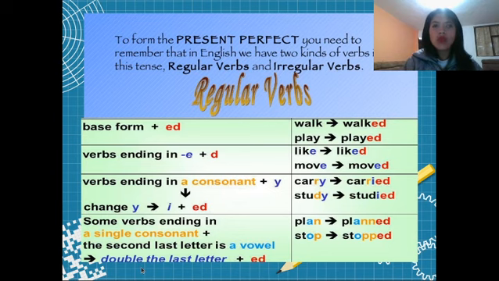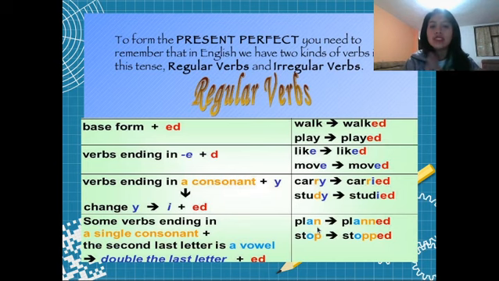Hay algunos verbos que tienen una sola sílaba y siguen el patrón de consonante, vocal y consonante, ¿sí? El sonido de la consonante, la vocal y la consonante. Por ejemplo, for example, we have plan. Plan es un sonido consonántico, vowel, vocal, and consonant, y consonante. Y es una sola sílaba.